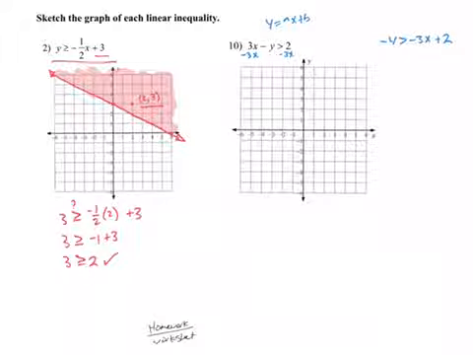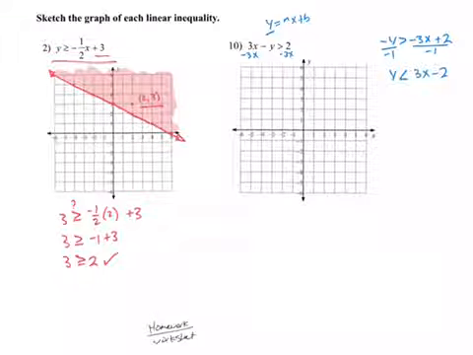Now I don't want negative y, I want a positive y, so I'm going to divide by negative 1. Remember, if you divide an inequality by a negative number, you have to change the sign. So this is going to be y is less than 3x minus 2.